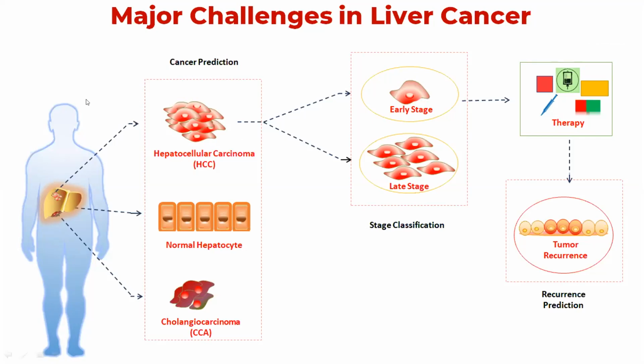It contributes nearly 75% of liver cancer cases. The second major primary liver cancer is cholangiocarcinoma, which is derived from the cells lining the bile duct. And the literature indicated that a lot of the high mortality rate is due to its inaccurate diagnosis.